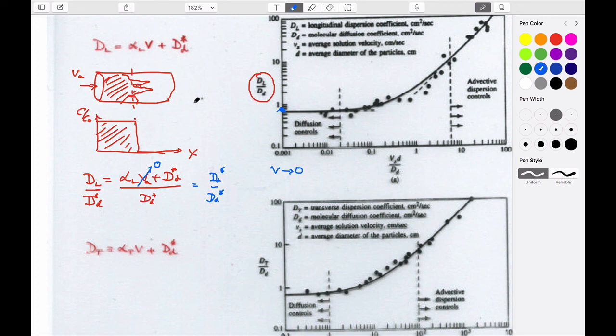If you then increase the velocity and still measure this effective diffusion rate by how quickly things arrive at this other end, then you might get a series of points. And these are the points that you get. So if you increase the velocity of flow and you measure this effective longitudinal diffusion rate, these are the data you get.